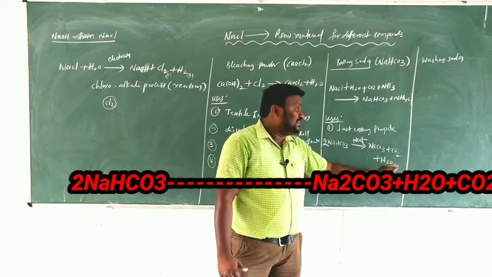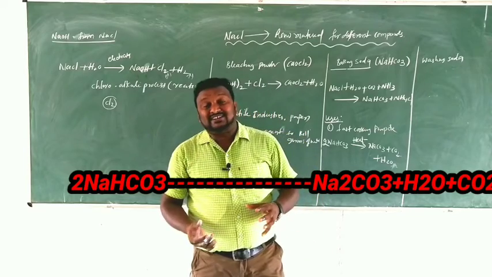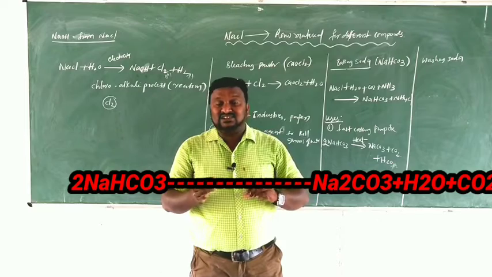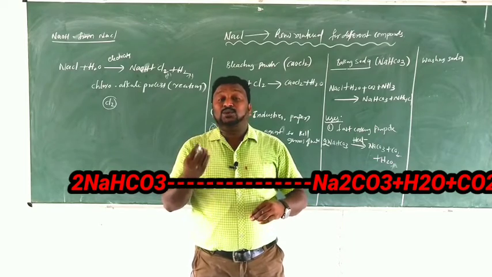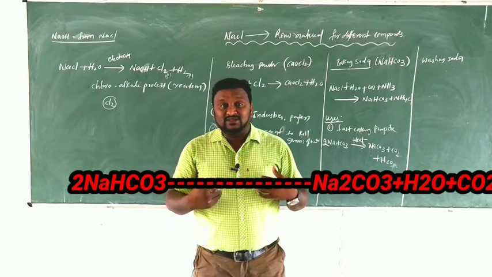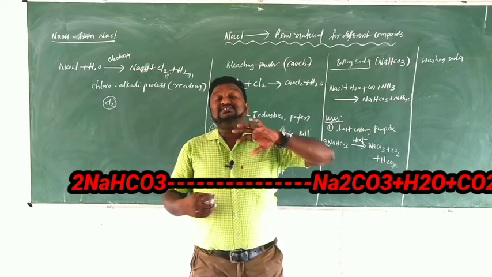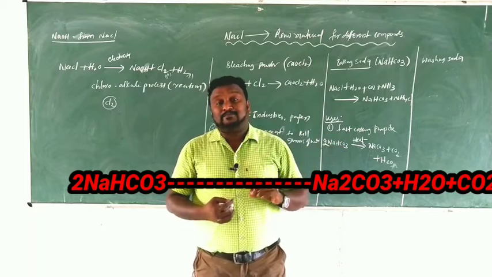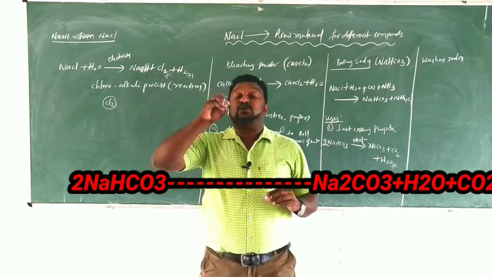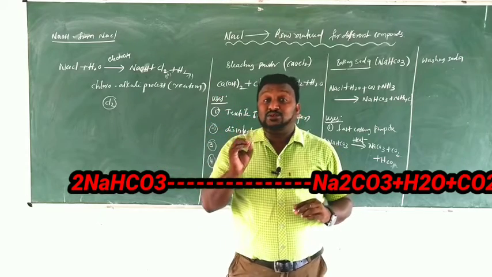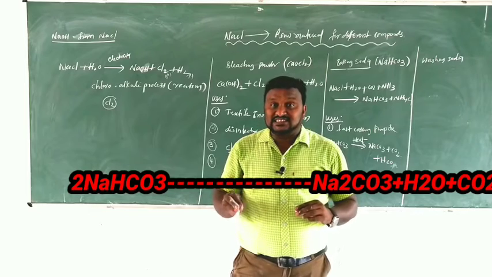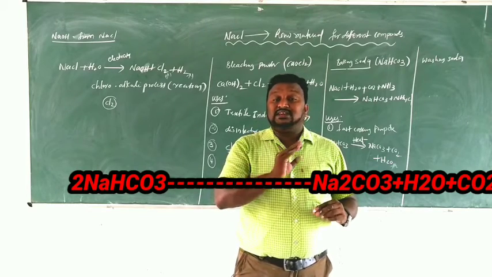Some CO2 is liberated. Due to the liberation of carbon dioxide only, the cakes we are taking seem very spongy. Clear? Because here during the heating of baking soda, some carbon dioxide is released. Due to that only, the cake becomes so.